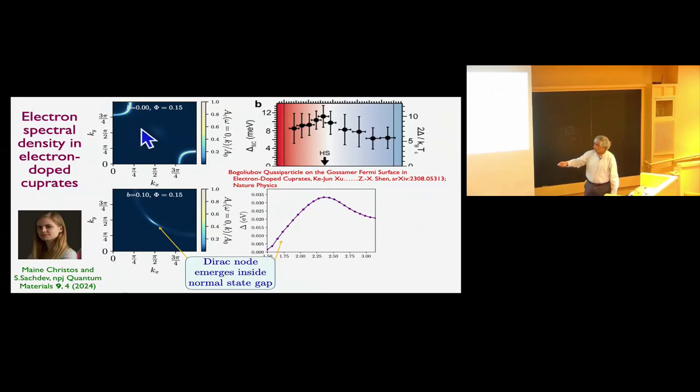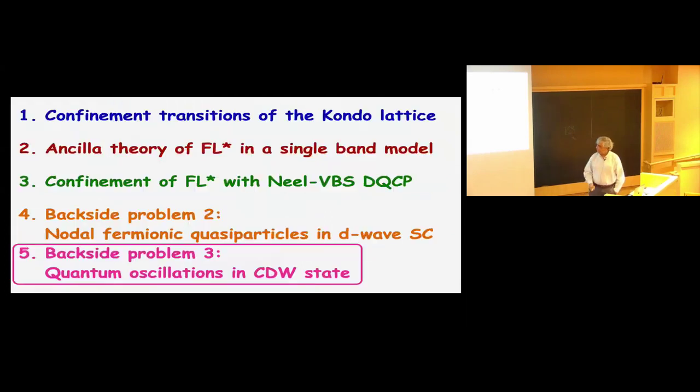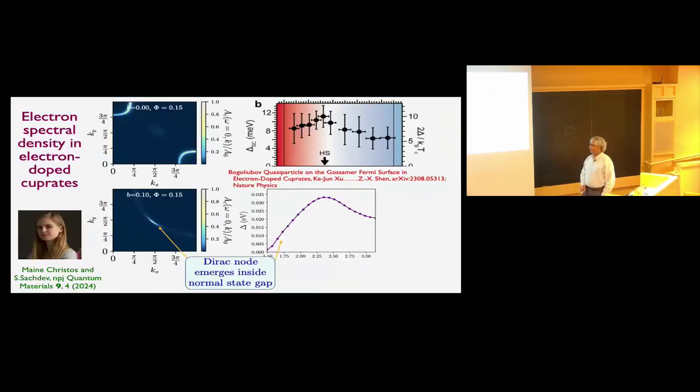He says he has a gossamer Fermi surface. Okay, that's good enough, maybe. So there's essentially no Fermi surface here, but there is a Fermi node when you go into the d-wave state. That's a rather more exotic effect. Has that been seen? No, I wouldn't say that. It looks promising, though.